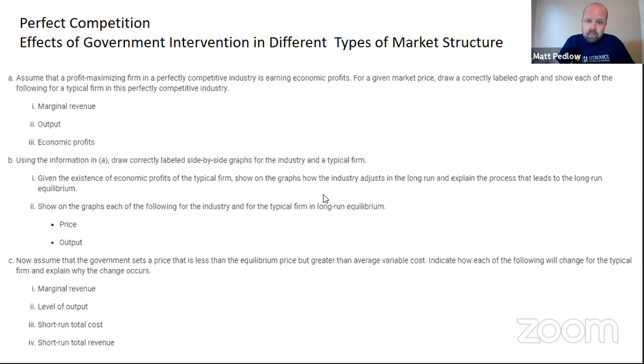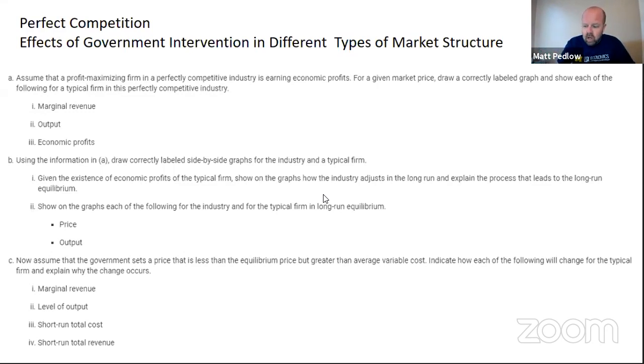Level of output. Well, if price falls, that's your marginal revenue, so it will hit marginal cost at a lower quantity. So you would say the output will fall because MC equals MR at a lower quantity. If you just drew that and showed price falling on your marginal cost curve, that would make sense.